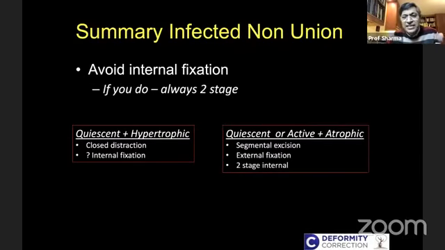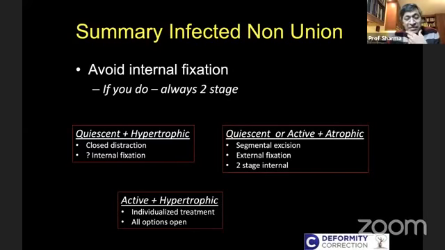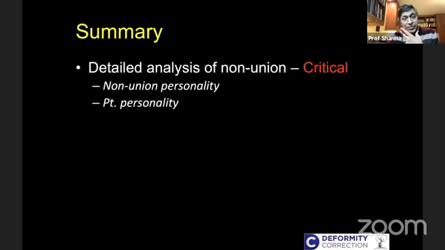If it's quiescent and active or atrophic non-union, then you might have to do a segmental excision and perhaps a transport or acute shortening. If it is an active infection and hypertrophic, then you have to individualize the treatment, look at what is best for that patient. There are multiple options, and you must deliver what works best for that patient.